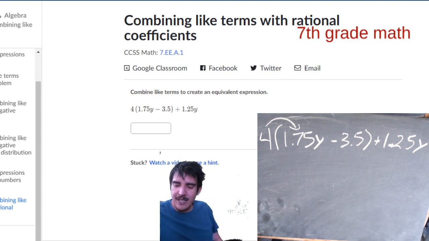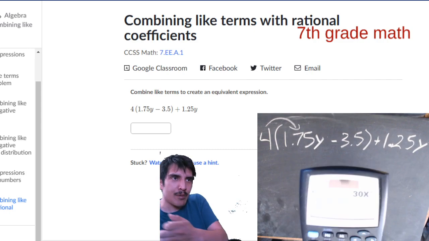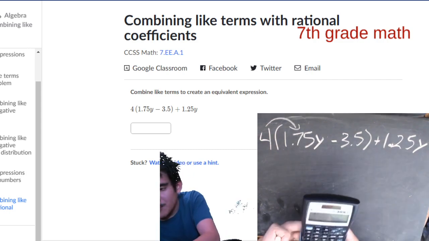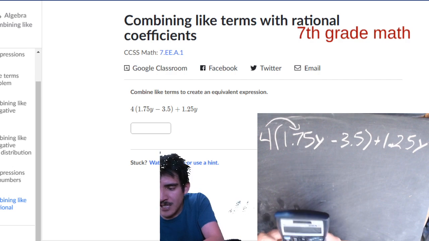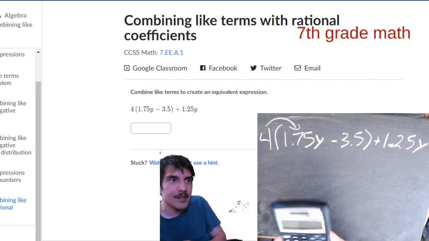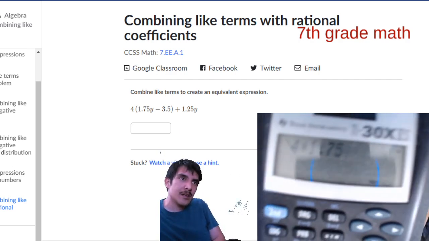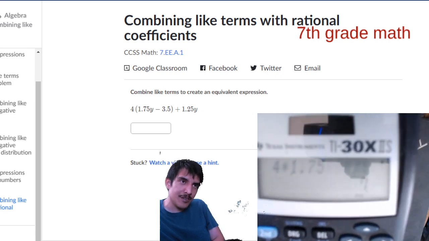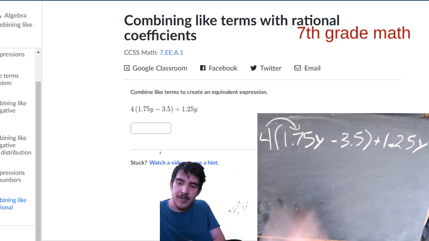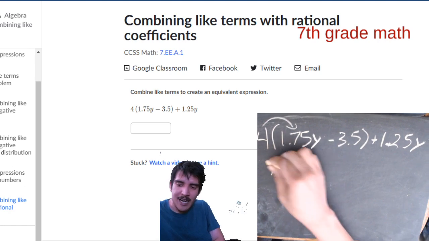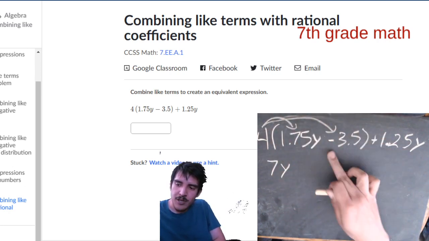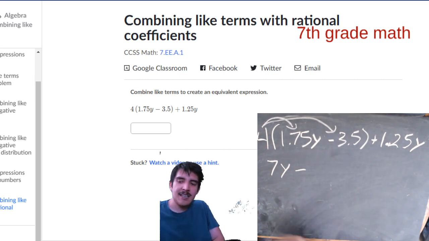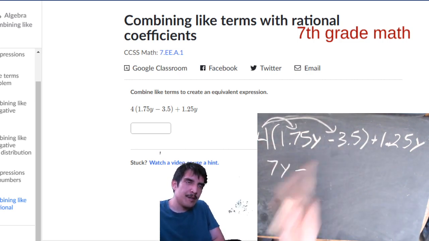So, again, if you have a calculator on your browser, on your computer, just do 4 times 1.75. You should get 7. So this first term right here is 7y. Next, 4 times 3. Well, it's minus 3.5, so you got to do minus. 4 times 3.5.